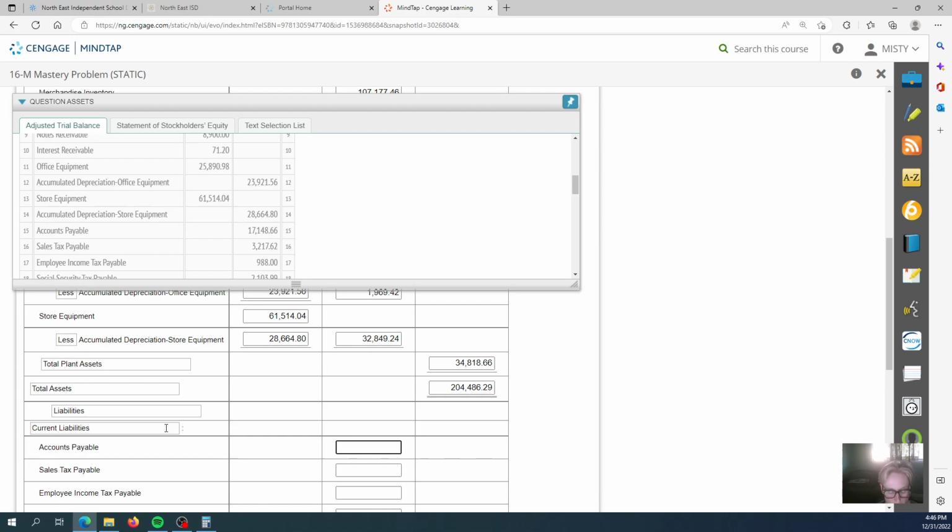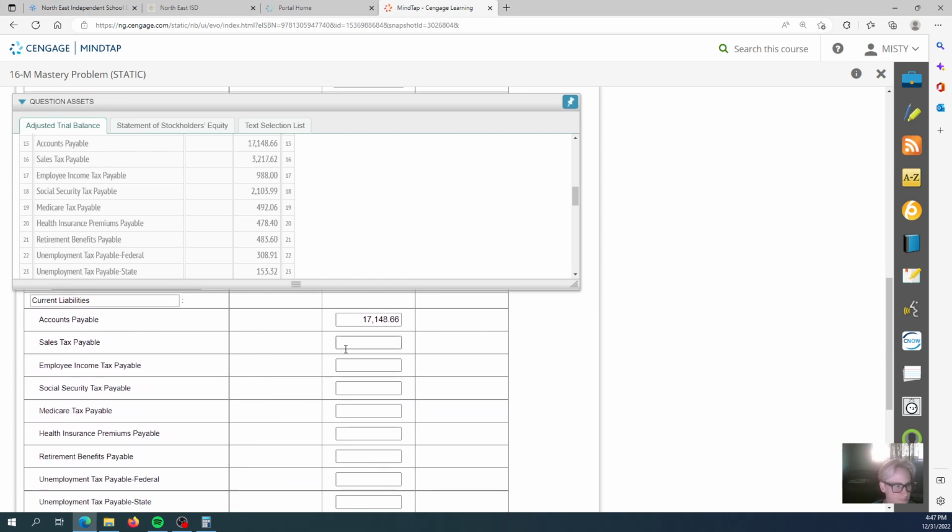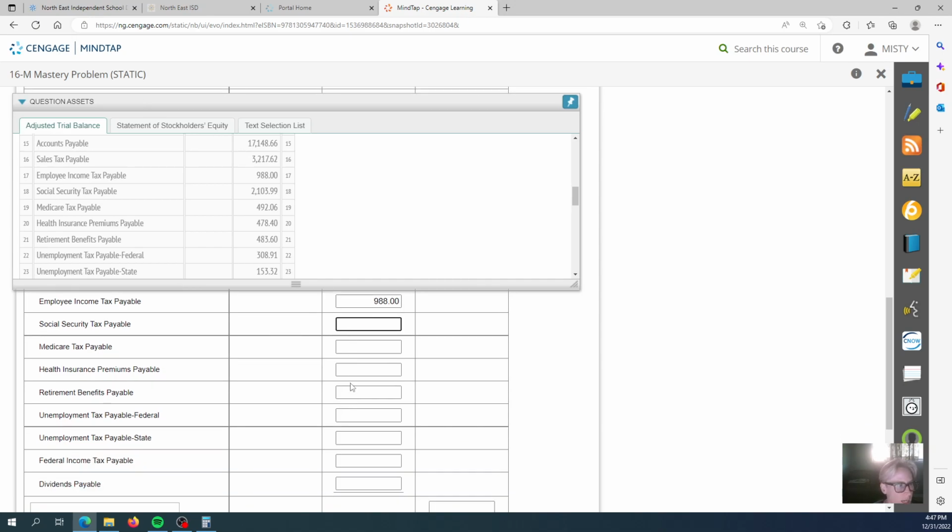Okay, current liabilities. So accounts payable. Let's look up here. What do we have? Accounts payable. We have 17,148.66. Then we have sales tax payable. Employee income tax. Social Security tax.